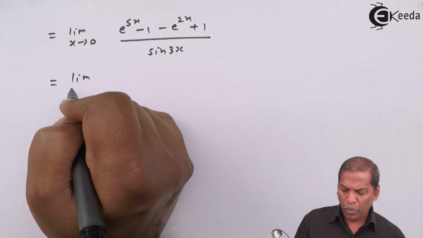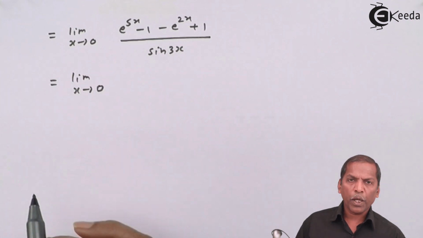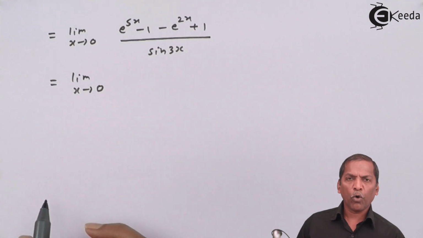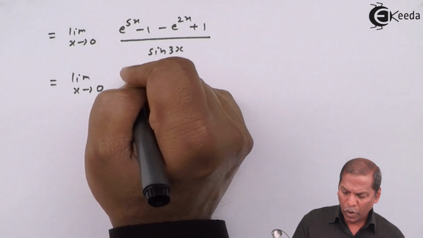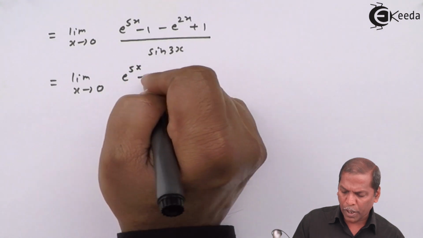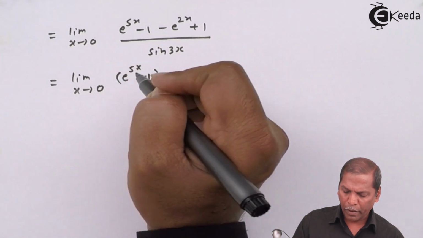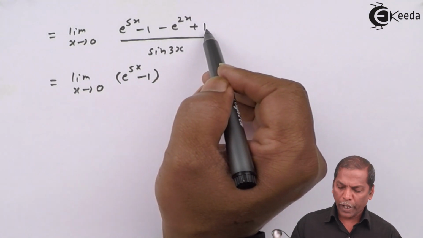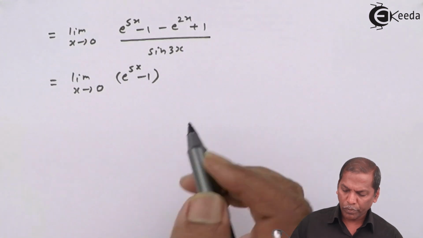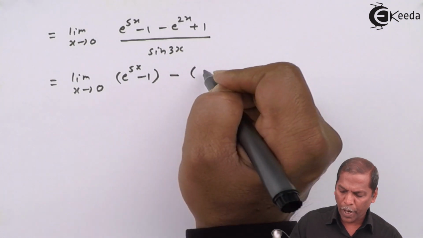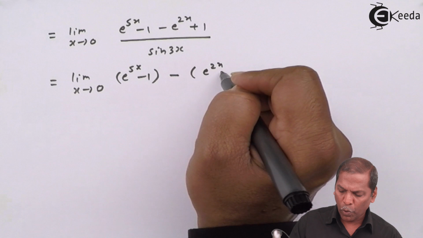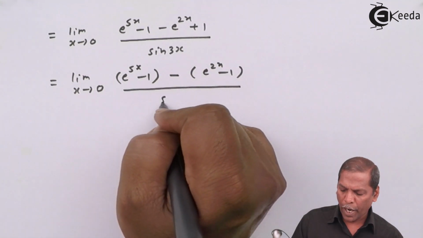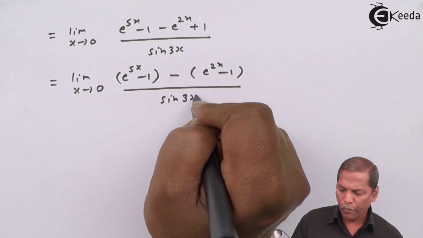That equals limit x tends to 0. Now here we make two brackets in the numerator, that is (e^5x minus 1) in one bracket, and from the third and fourth terms we take minus 1 common. So that minus (e^2x minus 1), and the whole thing divided by sin 3x.